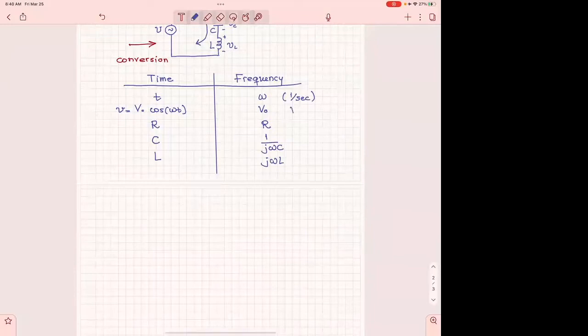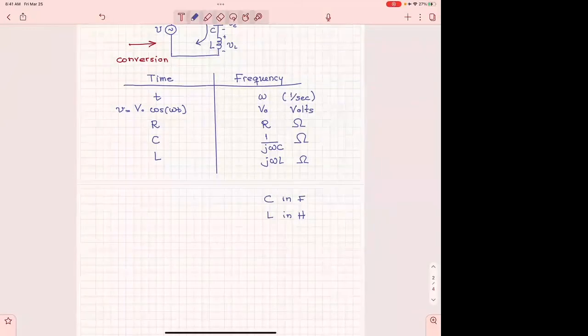V naught is going to be in volts. R is going to be in ohms. 1 over j omega C is also going to be in ohms, and j omega L is going to be in ohms. That is very interesting because C is still in farads and L is still in henries, but when you place them in a circuit as 1 over j omega C and j omega L, they are in ohms.